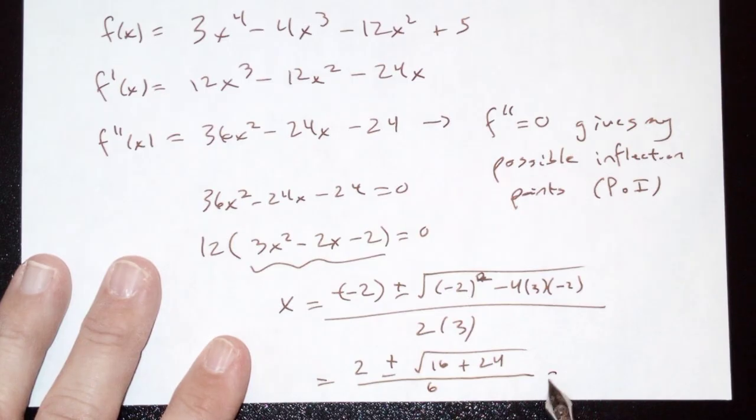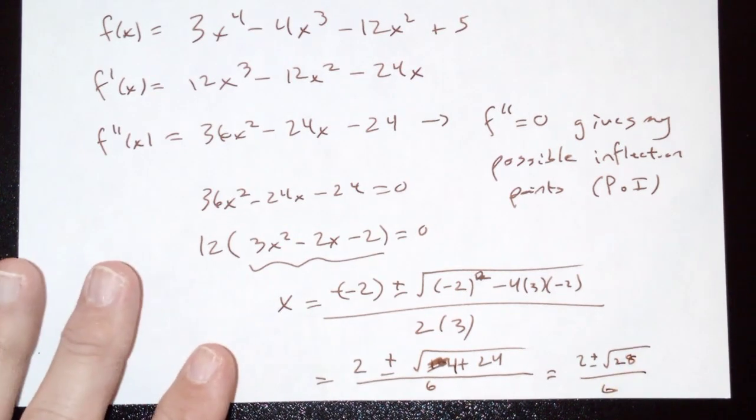Which is going to give me 2 plus or minus the square root of 40. Oh, no. Negative 2 squared is 4. I squared it twice.